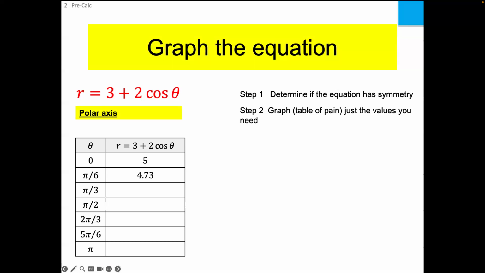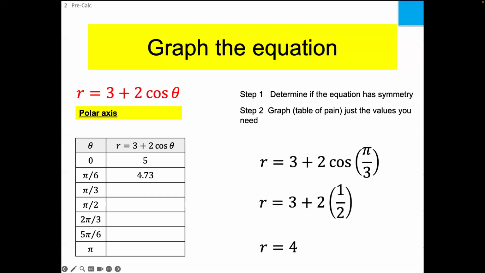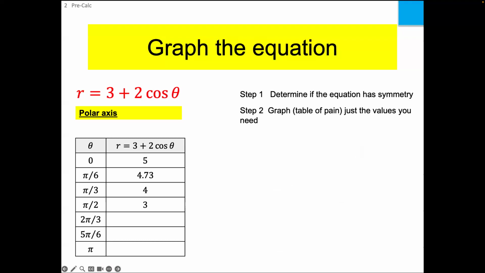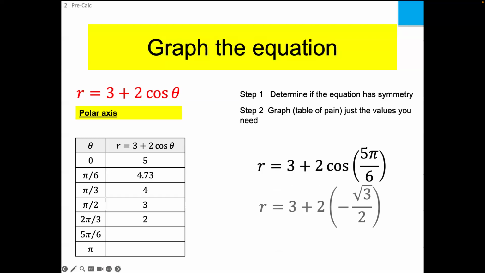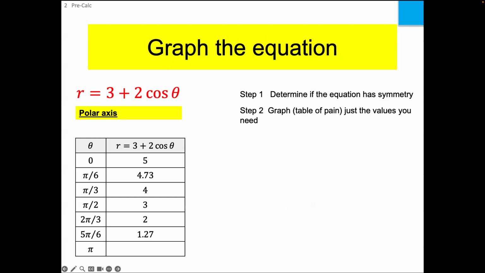Matt? Abby? Seth? Boy, there's a pattern here. 5, 4, 3, 2. 1 point what? And then finally, you said the answer was?